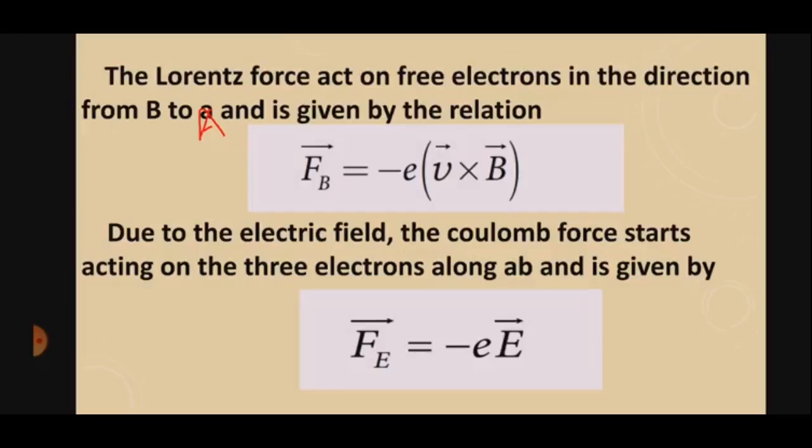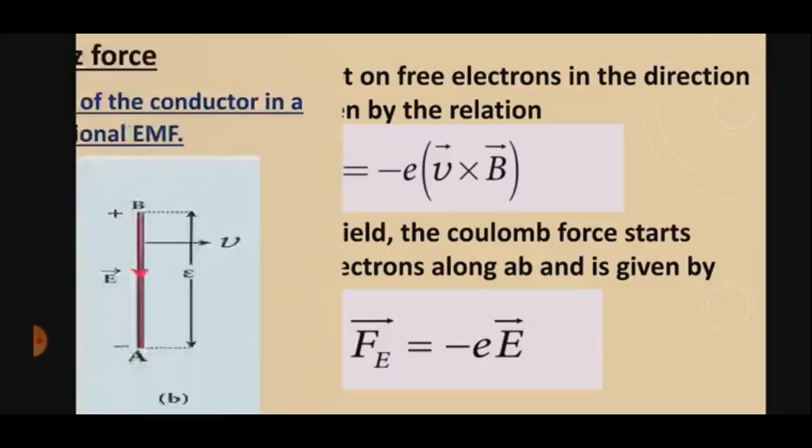F_B vector is equal to charge minus e into v vector cross B vector. The magnetic field is constant. Understand? Okay.